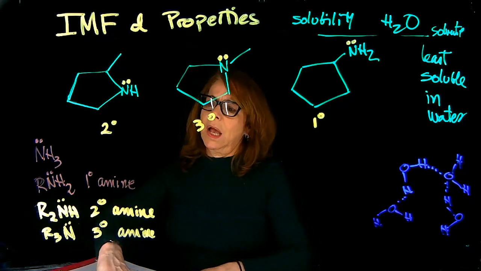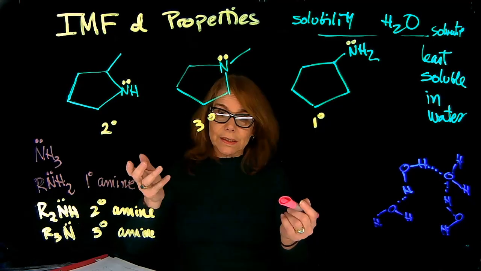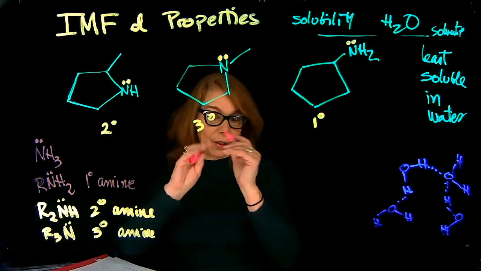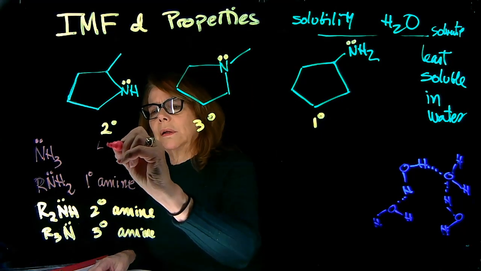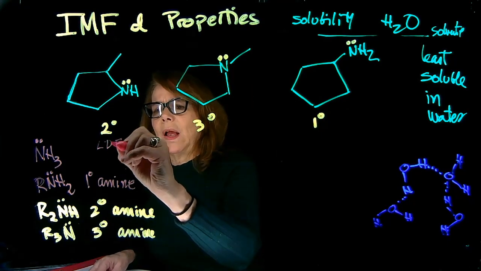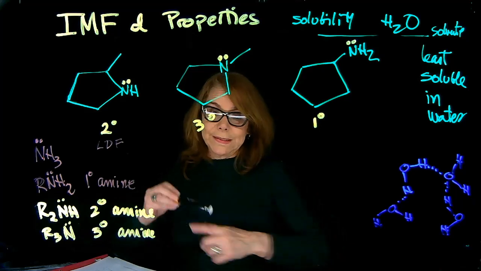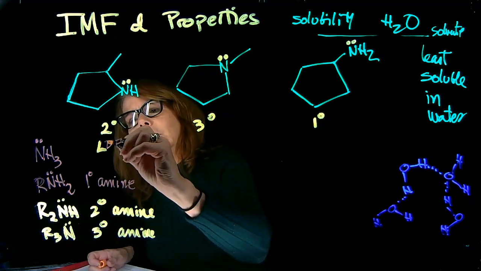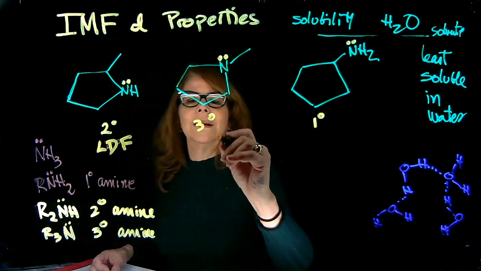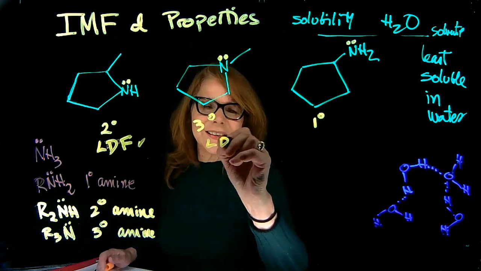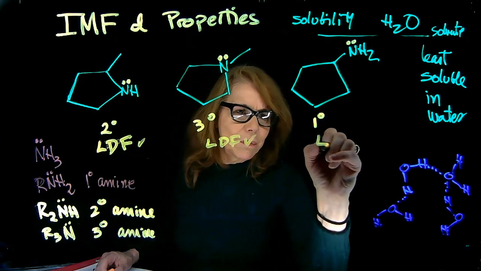Now, let's analyze the type of interaction. In all the molecules, I'm going to have London dispersion forces. We remember that these are fleeting dipoles. So check mark here, check mark, check mark.